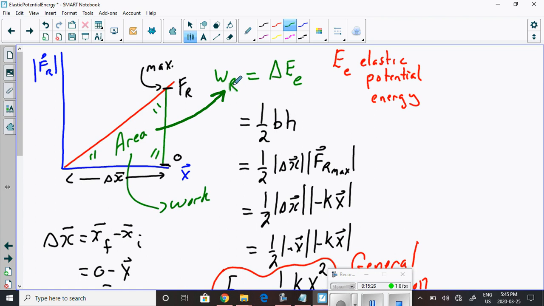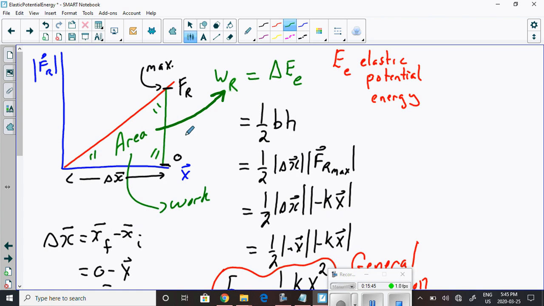Now the work done here is going to change the energy of this system. And the energy that's being changed is the energy that is stored in the spring. And we label that as EE, or elastic potential energy. The work that's being done is not an object being lifted into the air.